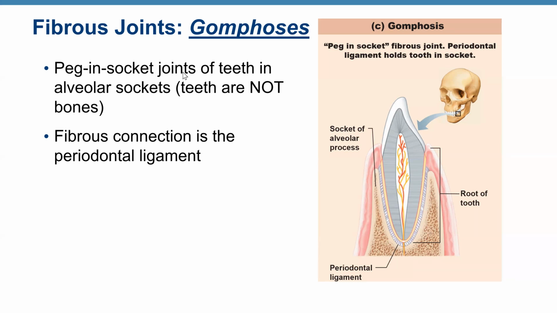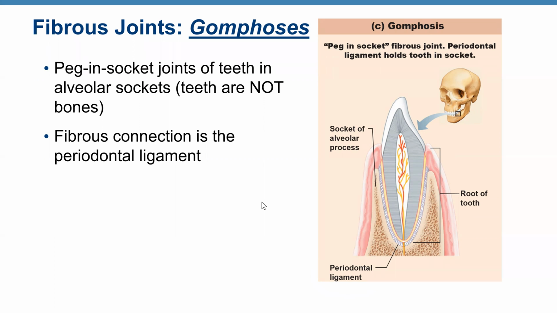So you can see over here socket of alveolar processes of the lower or upper jaw, mandible, maxilla, and you have a tooth that is connected to the socket through periodontal ligament or gomphosis.